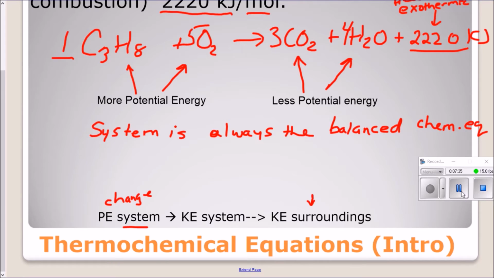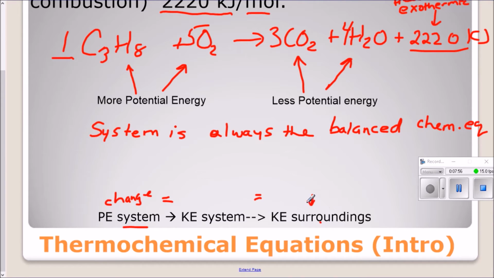We're going to learn today that if we can measure the kinetic energy of the surroundings, we can determine the change in potential energy of the system. So in other words, the change in potential energy of the system is equal to the kinetic energy of the system, which is equal to the kinetic energy of the surroundings. So if we know the kinetic energy of the surroundings, we can find the potential energy of the system.